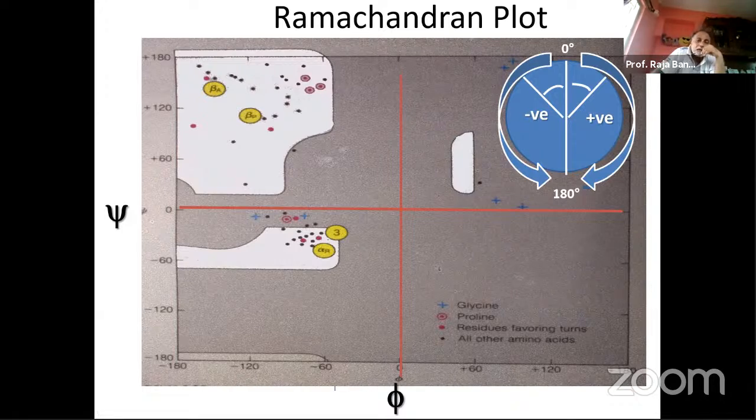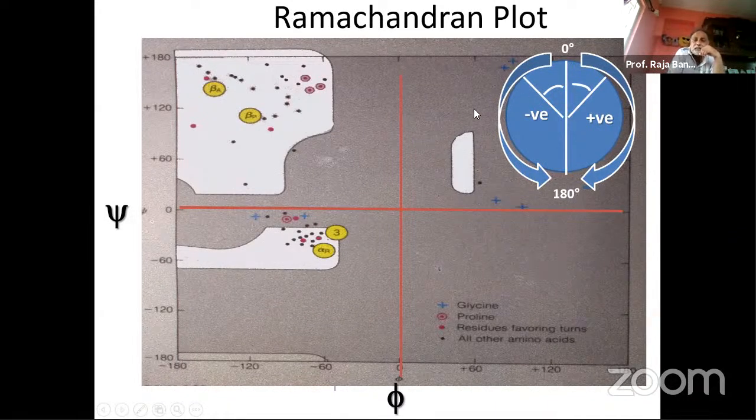But then in the next paper of '68 with Sasisekharan and others, I'm fortunate enough to have seen Sri Ramakrishnan and Sasisekharan, who are the key persons of the G.N. Ramachandran plot, in IISc. So they divided it into this part to give a mirror image.